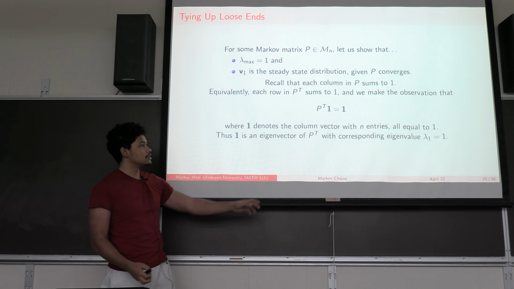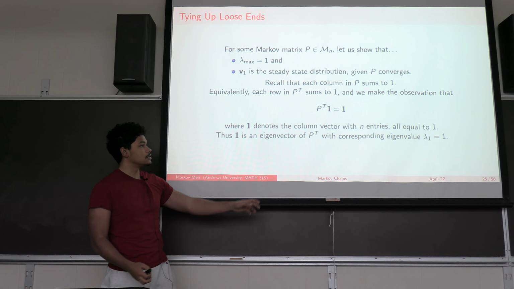That's because in matrix-vector multiplication, row times column, we're multiplying by a bunch of 1s, so we're just summing each row, which again gives us a 1. It does that for all the rows, giving us the 1 vector again. By definition, then, the 1 vector is an eigenvector for P^T corresponding to the eigenvalue lambda 1 equals 1. Now, what do we know?